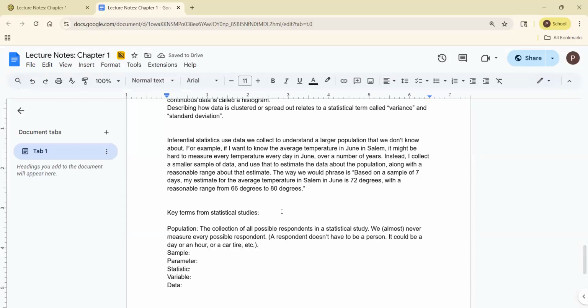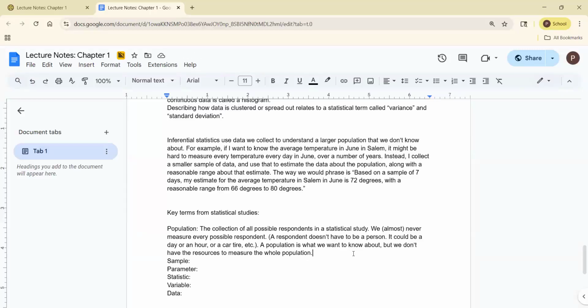I like to think of population as what we want to learn about, but we don't have the resources to measure the whole population. In fact, the whole reason statistics exists is because we don't have resources to measure a whole population.